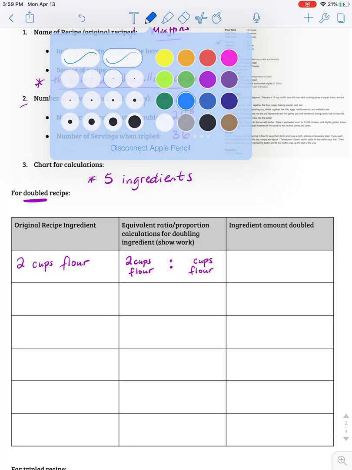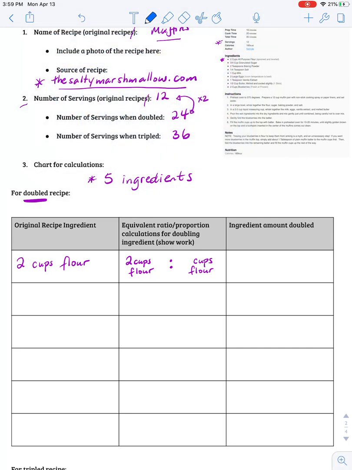So I know doubled recipes, I'm going to be multiplying that side of the ratio by 2, so I know I need 4 cups of flour. So the ingredient amount doubled, and I would say here, for 24 servings, that would be 4 cups of flour.